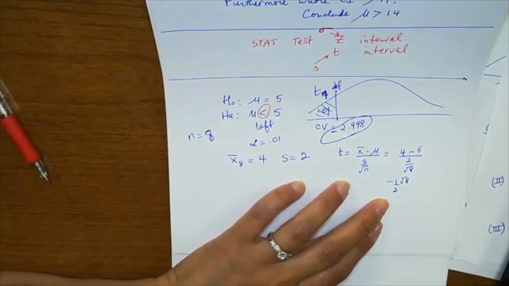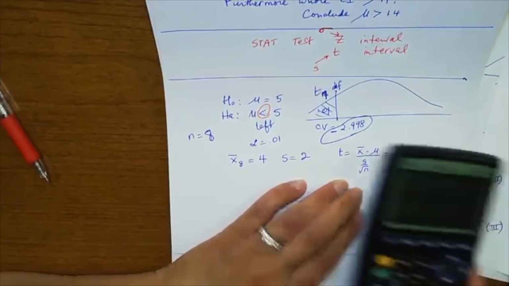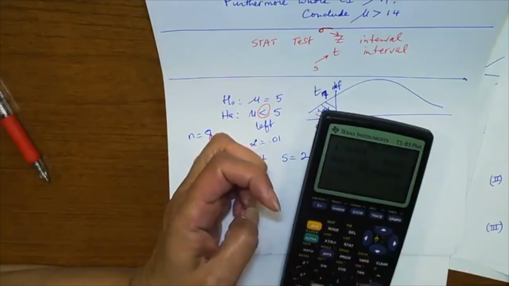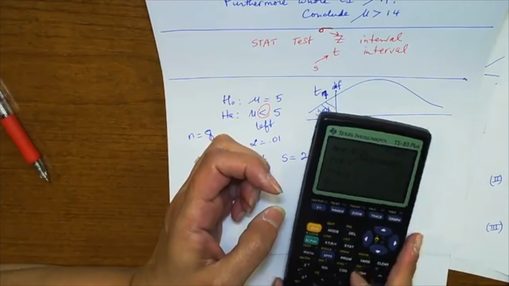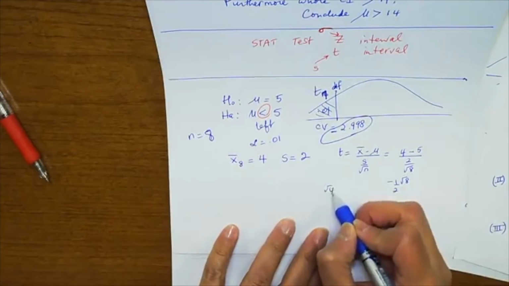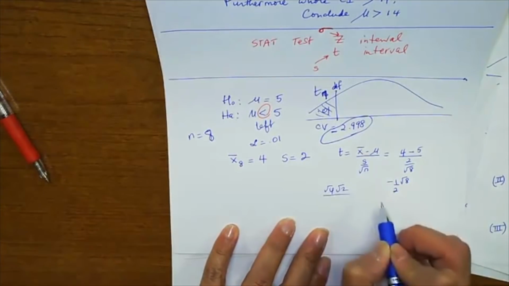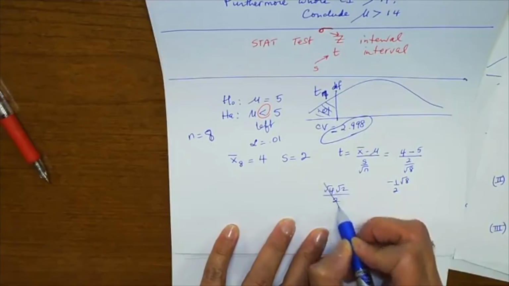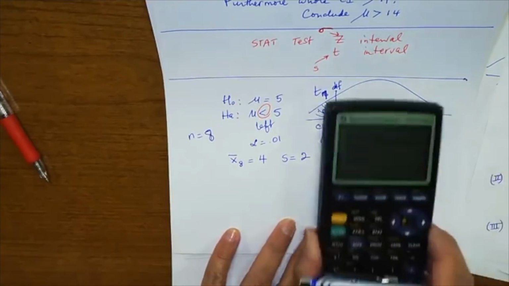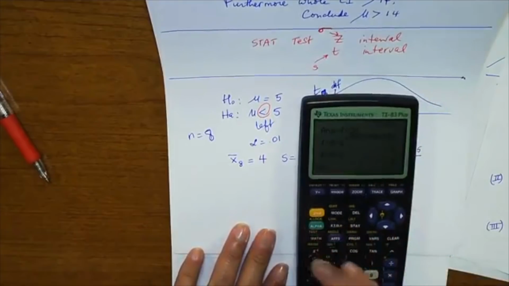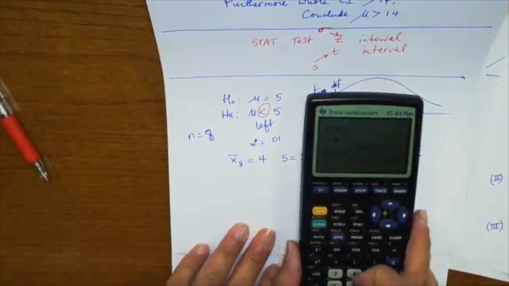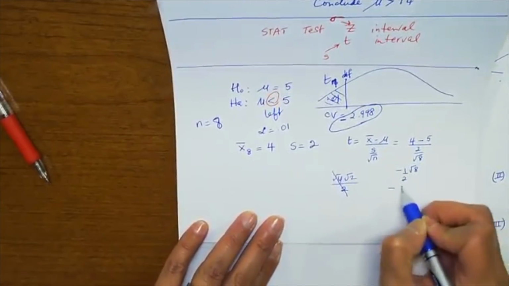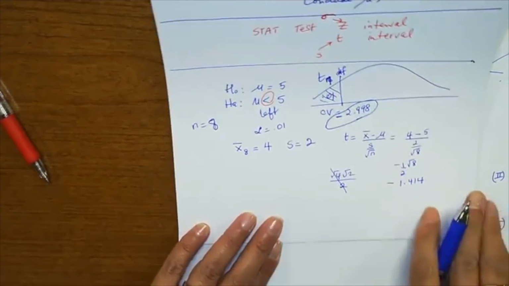So radical 8 divided by 2. Okay, so this is rad 4, rad 2 over 2. Why am I getting 2 here? What am I doing wrong? Radical 8 divided by 2. 1.414. That makes sense. Minus 1.414.